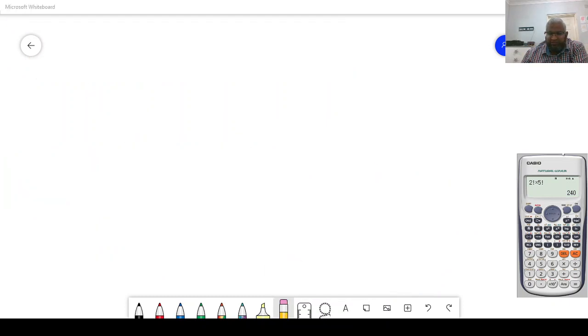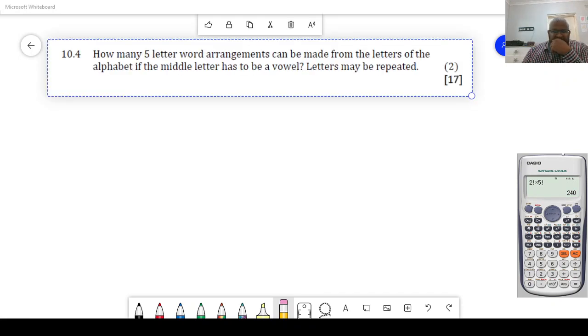Let's look at the next question. For question 10.4, we are told in how many 5-letter word arrangements can be made from the letters of the alphabet. Now there are 26 letters in the alphabet, if the middle letter must be a vowel.